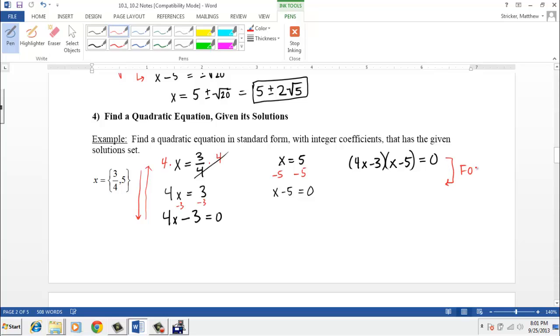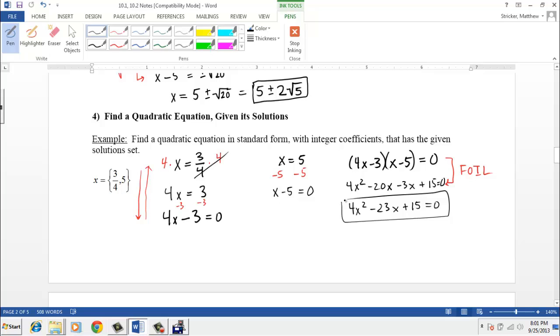And so now here, if we FOIL this, you get 4x times x is 4x squared, 4x times negative 5 is negative 20x, negative 3x, positive 15 equals 0, which gives us 4x squared minus 23x plus 15 equals 0.